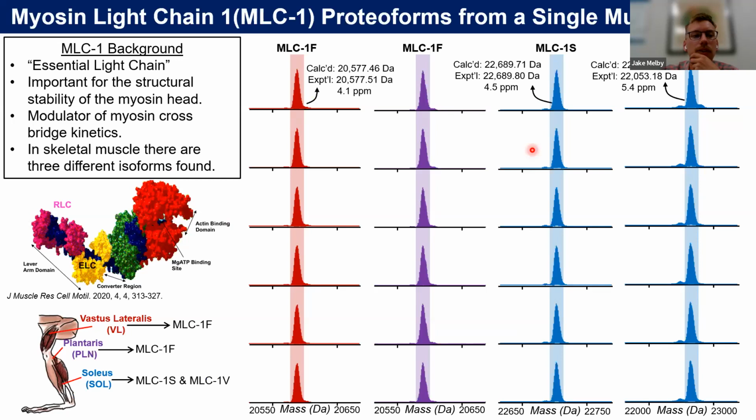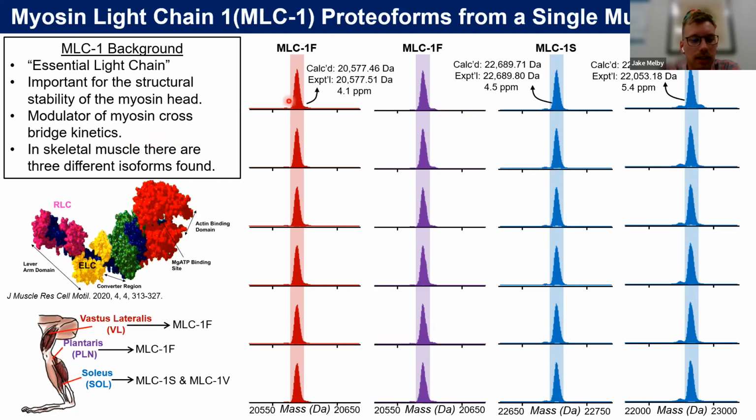Let's see. So the next protein of interest I wanted to talk about is myosin light chain 1. It's known as the essential light chain because it's important for the structural stability of the myosin head. And in skeletal muscle, there are 3 different isoforms found.